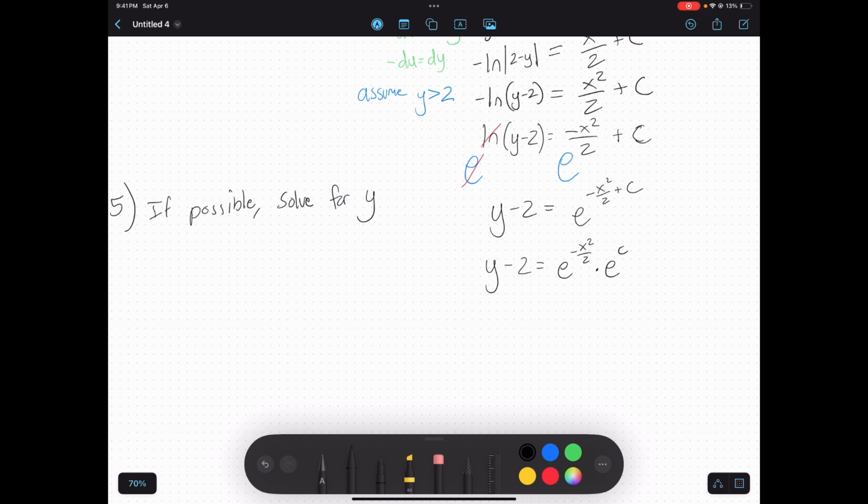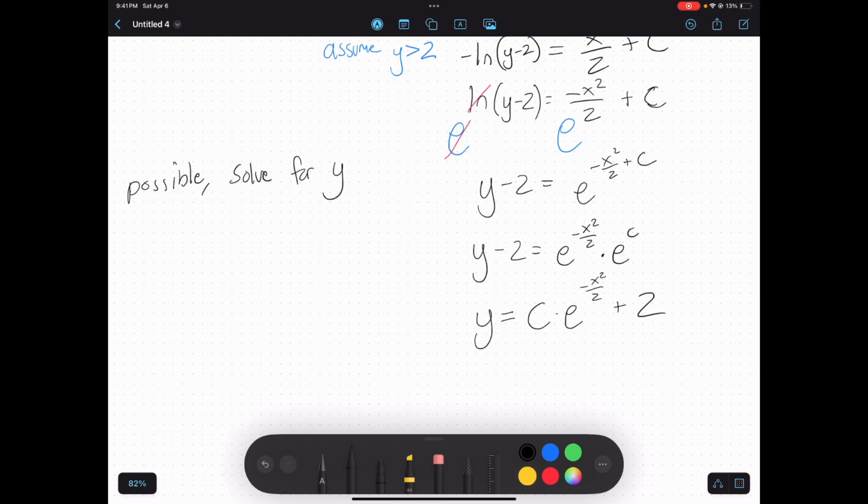And so I can rewrite this as y equals c times e to the negative x squared over 2 plus 2. Once again, where I got this c from is just the fact that e to the c, since c is arbitrary, e to the c is also just some arbitrary constant. And I can rewrite it like that.